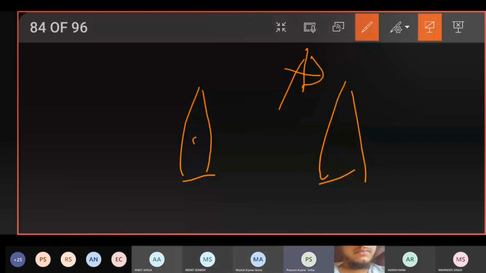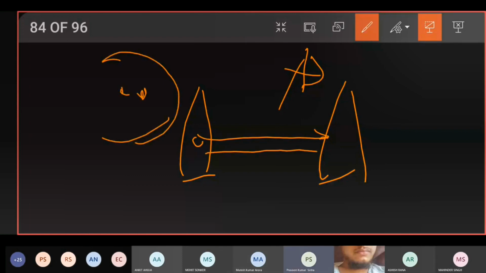What happens? The radar is transmitting signal, it hits, so on the radar screen you get a very good recording. Then signal is coming here.